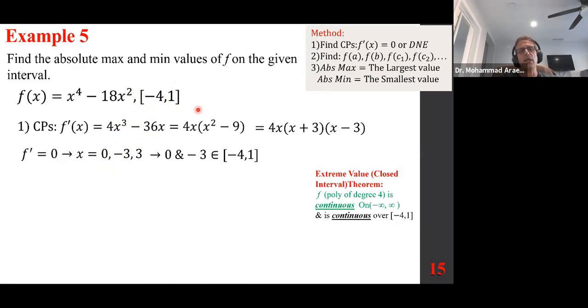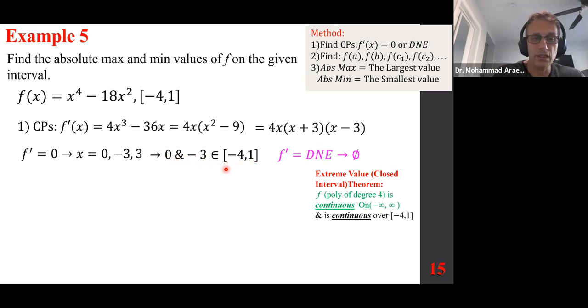So 0 and negative 3 can be used. And we are ready to plug in what? The endpoints, as well as the critical points within the given domain.